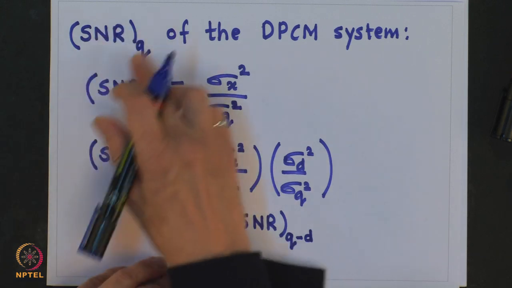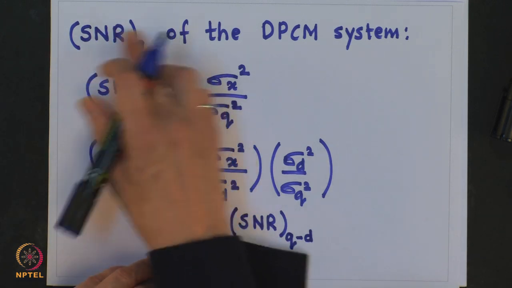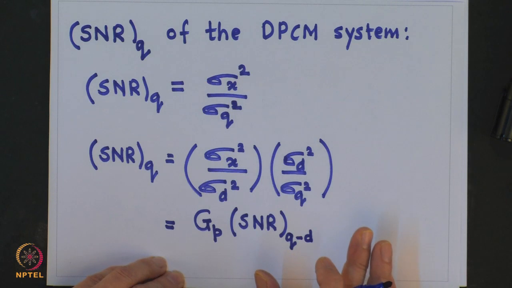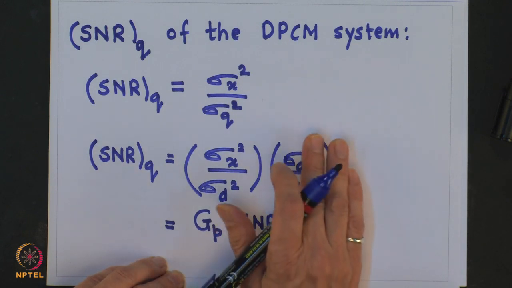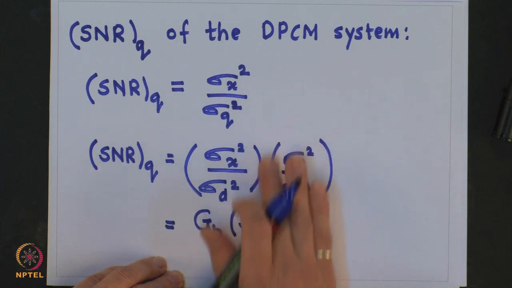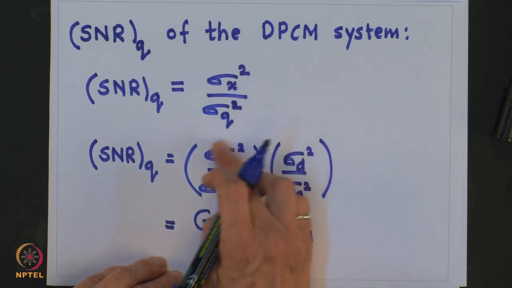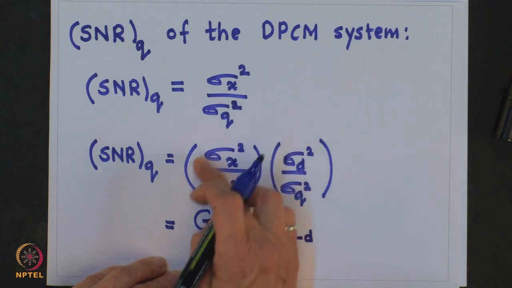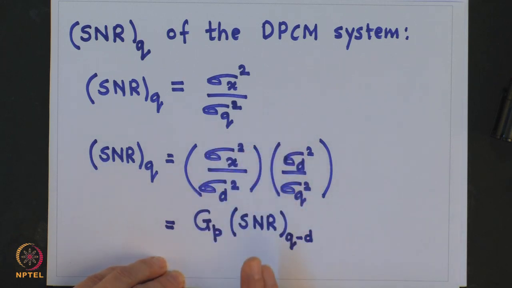To have a high signal to quantization noise ratio of a DPCM system for any particular quantizer, so this is your quantizer property, what you have to do is try to increase the processing gain.